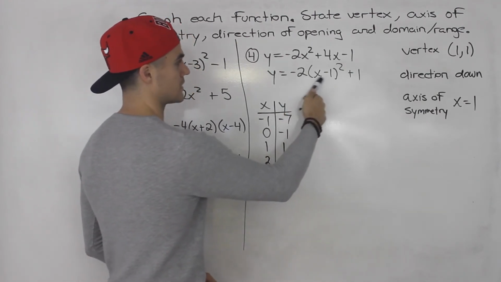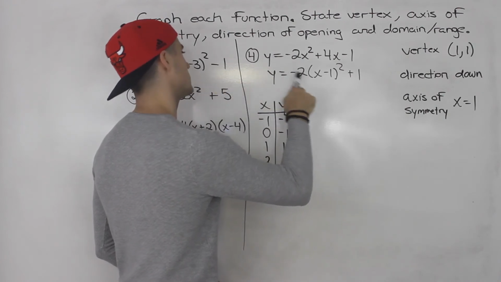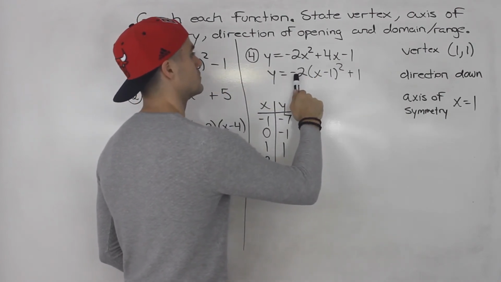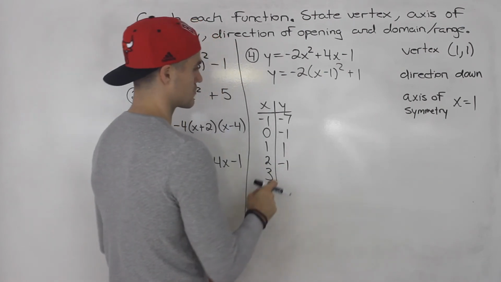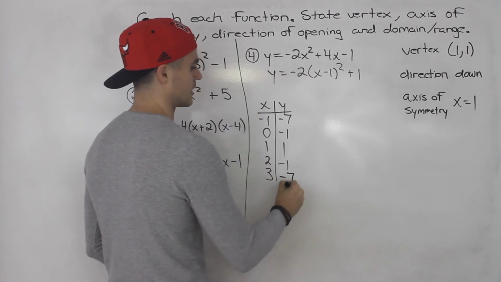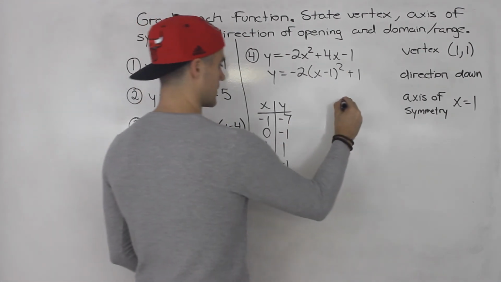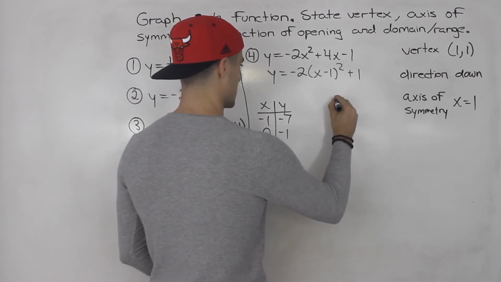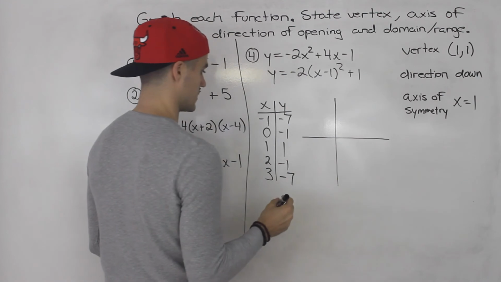Same thing, 2 minus 1 is 1, squared is 1, -2 times 1 is -2, plus 1 gives us -1. 3 minus 1, 2 squared, -8 plus 1, -7. Notice how it's nice and symmetrical. And then you could take this and graph it.